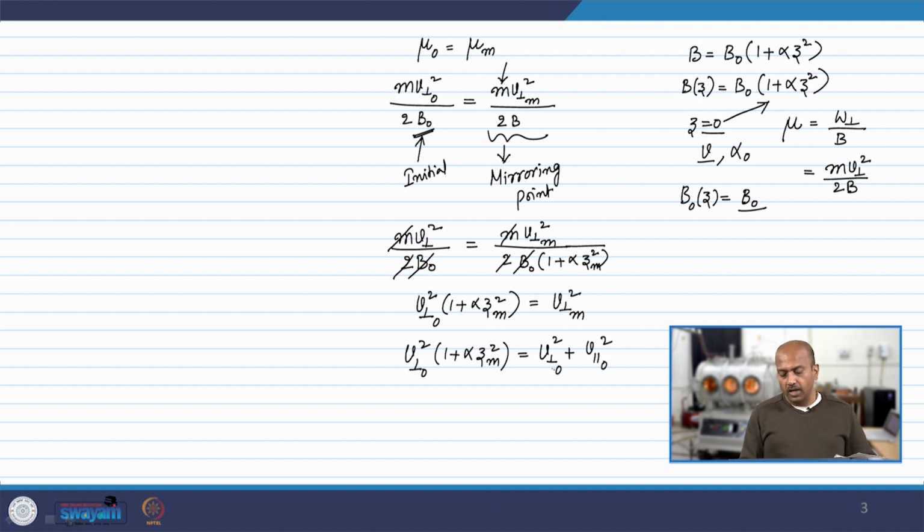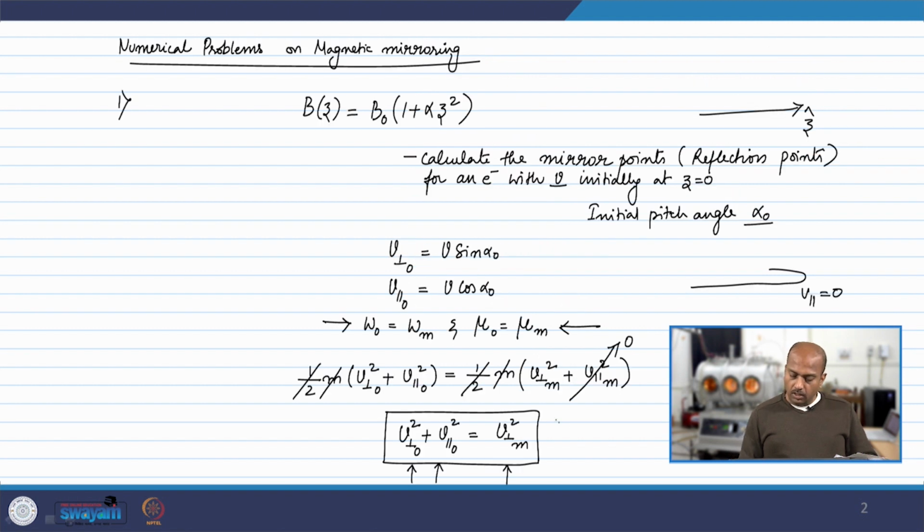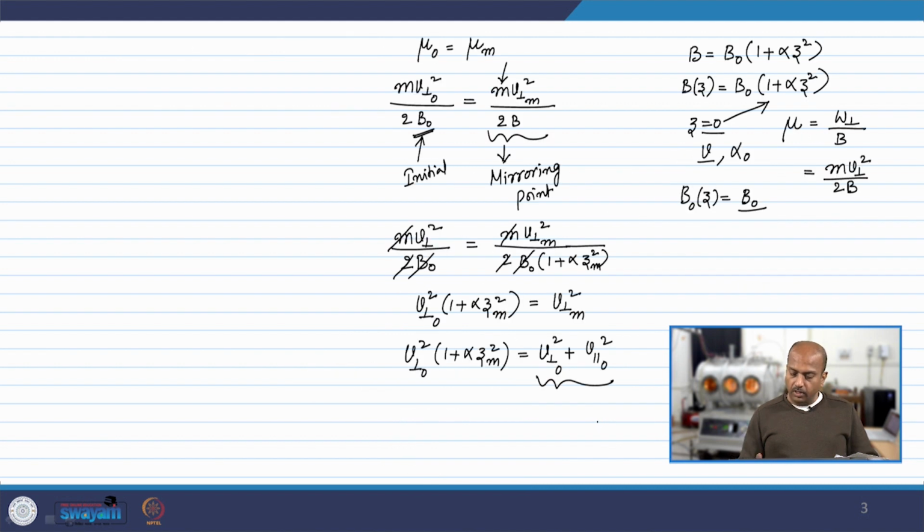If you are wondering how did I get this, let us say we name this expression as A and we write here, using A. Right. So, upon expansion, V perpendicular 0 square plus V perpendicular 0 square alpha Zm square is equal to V perpendicular 0 square plus V parallel 0 square.